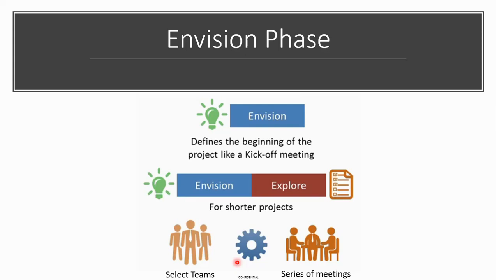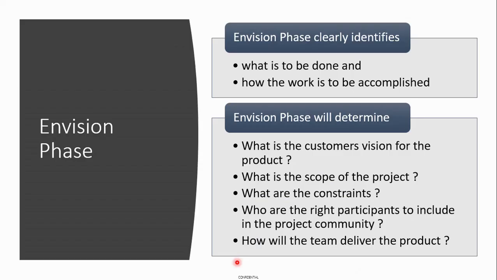So here, in the envision phase, we clearly identify what is to be done, what this project is about, what the goal of the project is, what the goal of the customer is, what the expectation level is, and how the work is to be accomplished at the end of the day, and what the customer's vision for the product is, say if it's an ERP system.